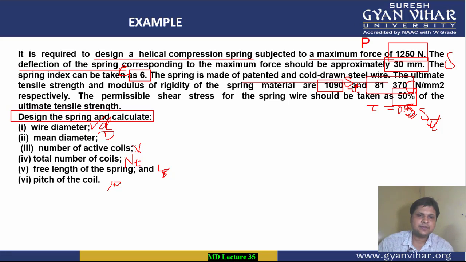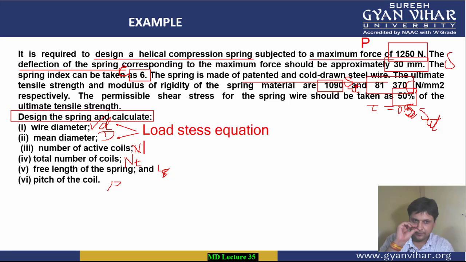As we all know, we will start with the load stress equation, and through the load stress equation we can calculate these two values. Then for the number of active coils, we are going to use the load deflection equation.